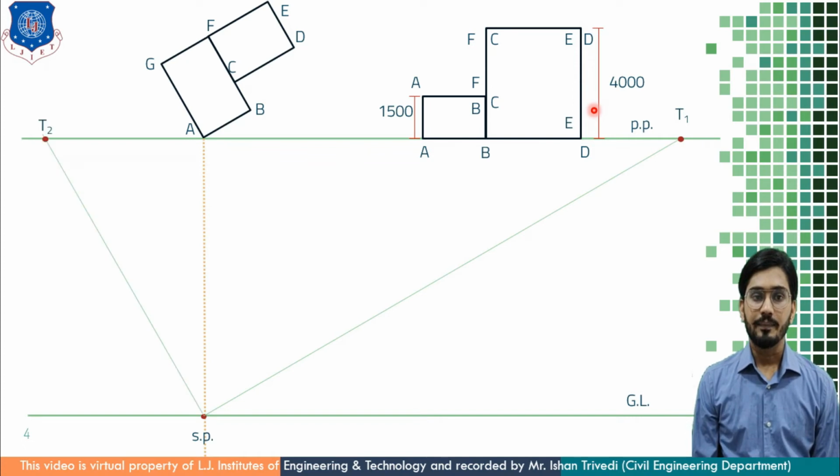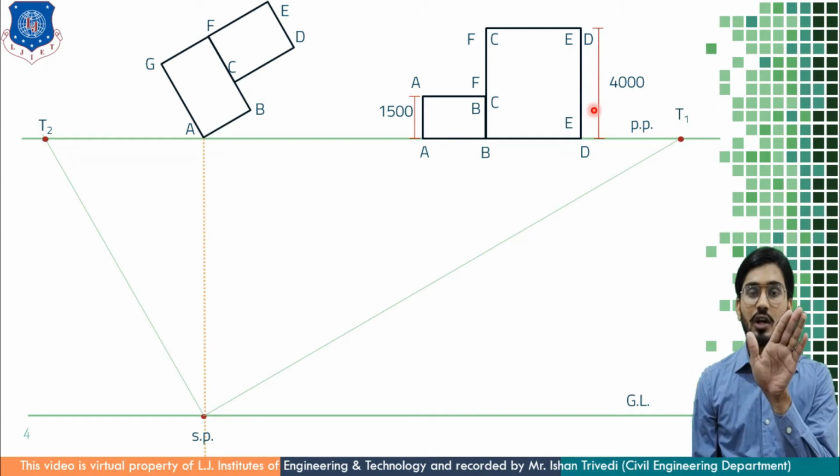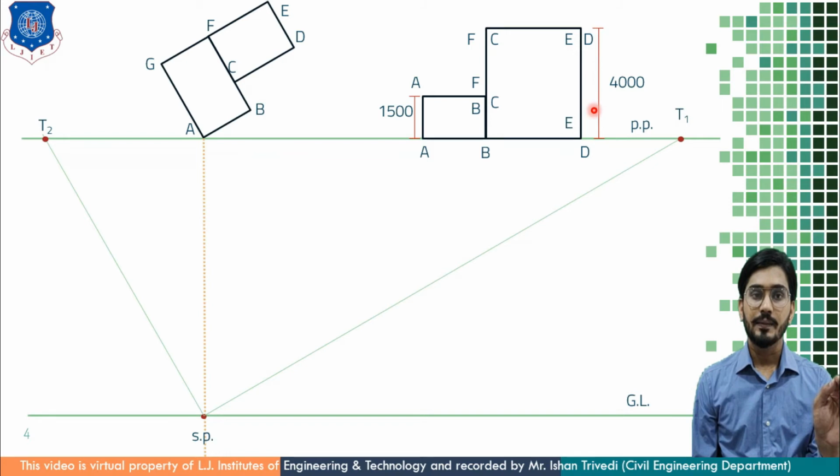At the same time, AG makes an angle of 60 degrees, and hence this SP to PP line on the left hand side is also making an angle of 60 degrees. So from AG you have to roll your roller scale in such a way that SP and the picture plane line are connected.